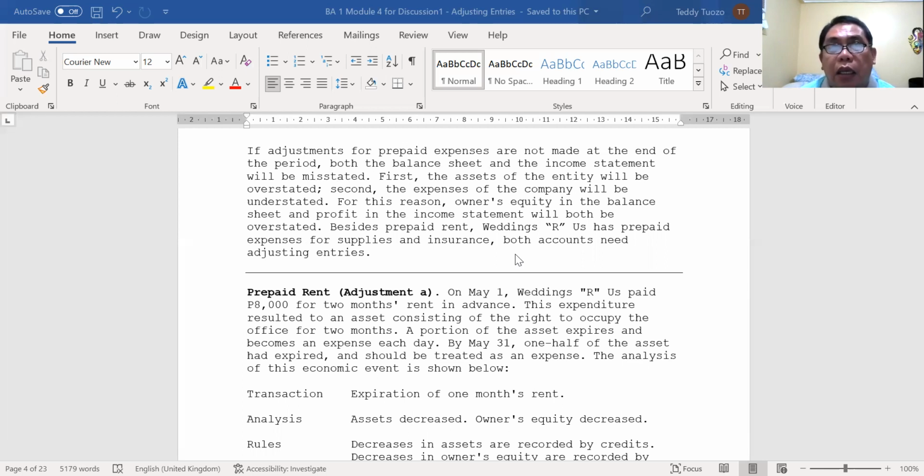For deferral, it will decrease the asset or liability account, and the income or the expense will increase.